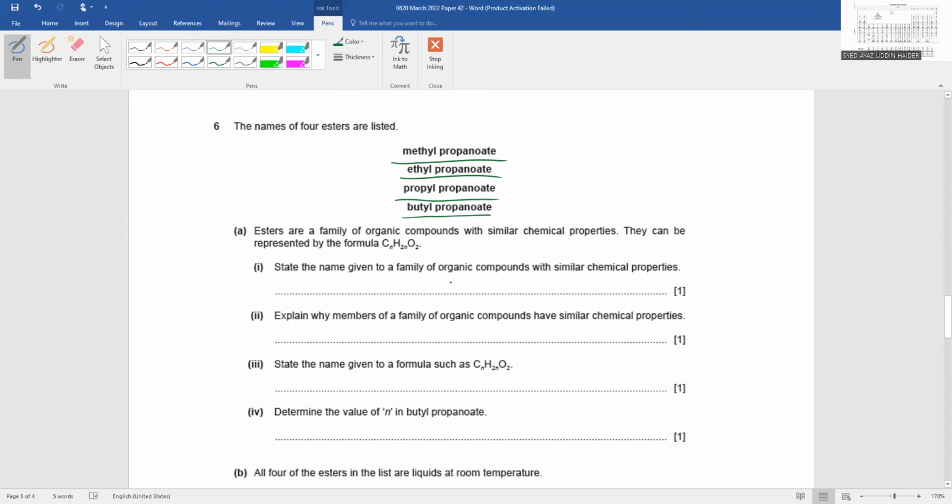State the name given to a family of organic compounds with similar chemical properties. The general term used: homologous series. Explain why members of a family of organic compounds have similar chemical properties. Only one reason: they all have the same functional group.